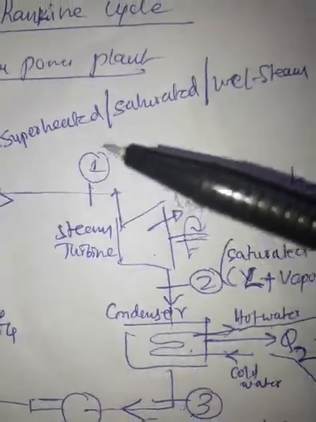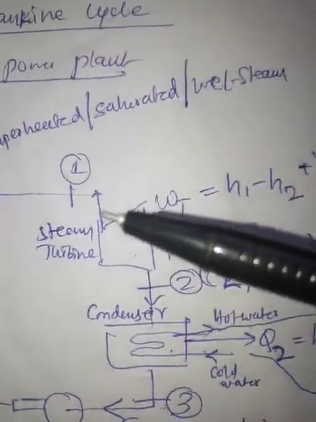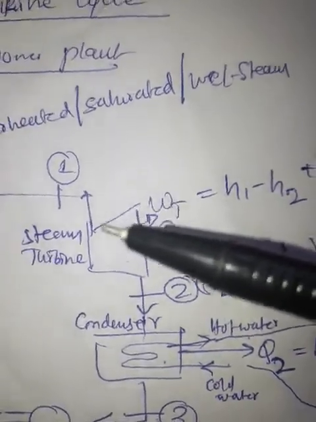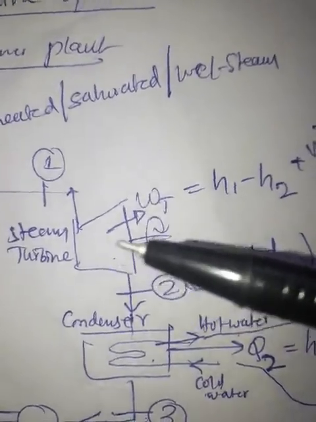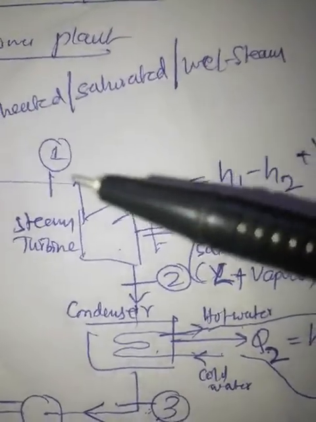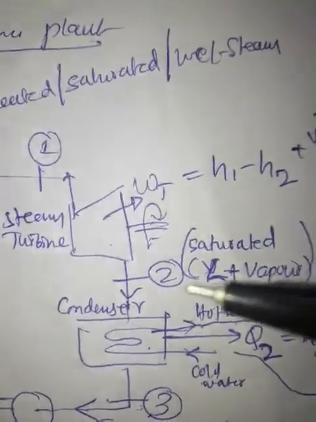Now with enthalpy H1, the steam turbine absorbs enthalpy from the steam and changes its enthalpy to H2. That is, the state of the steam changes from state 1 to state 2.